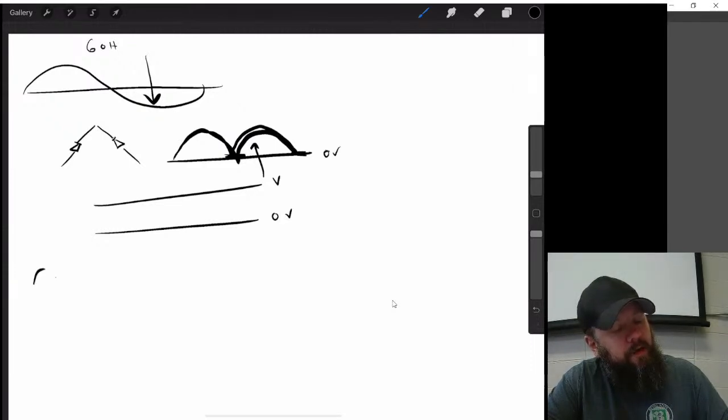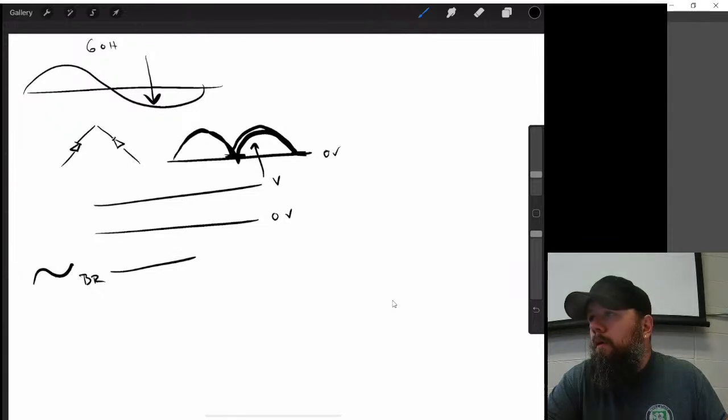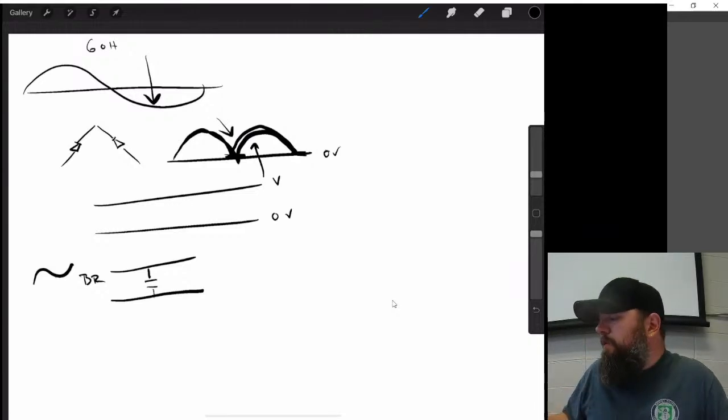So let's say we've got our sine wave. We put it through, like, a bridge rectifier, right? And in AC, or in solid state, you'll learn how to build one. And then we'll come out, because it's still got this little bump here, right? And we want to smooth that out.